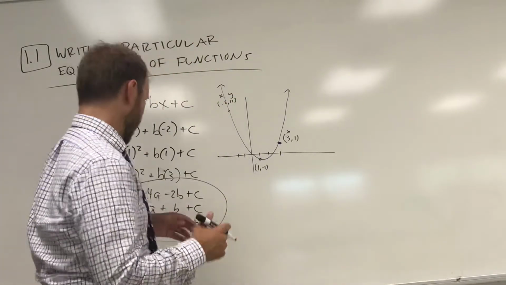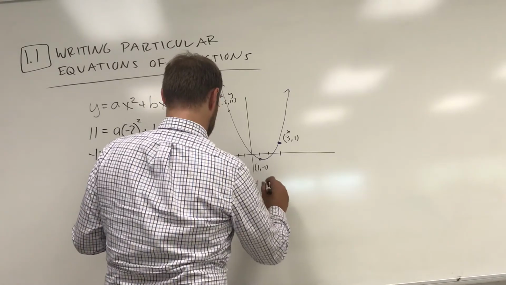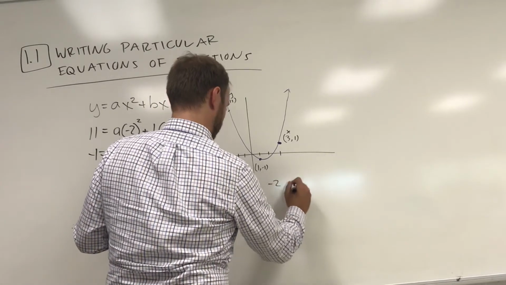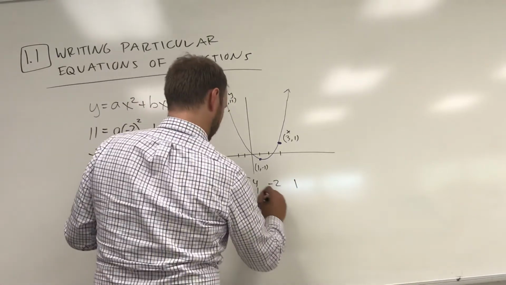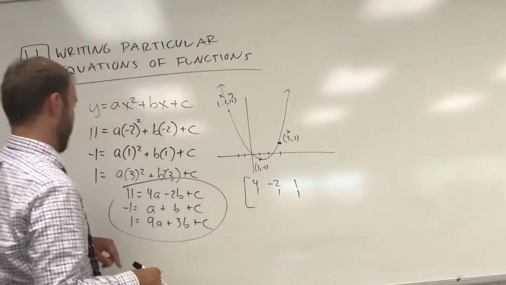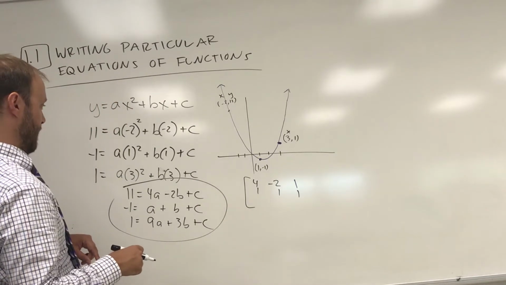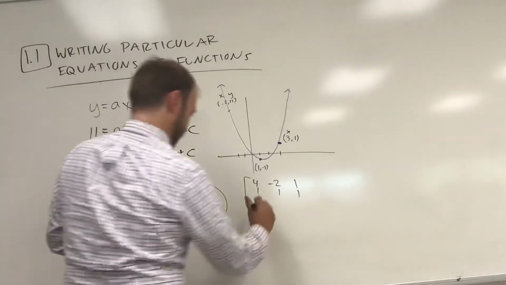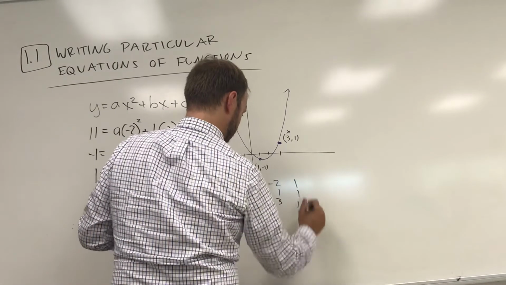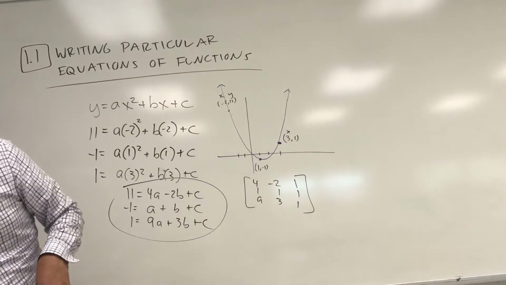So you should be able to rewrite this as the matrix 4, -2, 1. Those are the coefficients of the variables. 1, 1, and 1. And then 9, 3, and 1. And you should be able to fill all of that in your calculator.